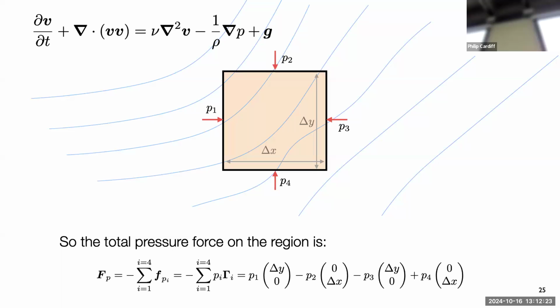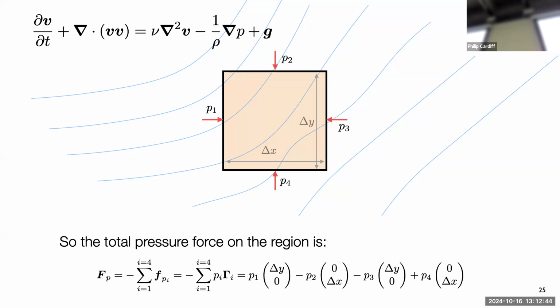So if we calculate each of those things, we'll have P1 by the area vector here. And so this area vector, you can see the area of that face is delta y, that's the height of it, and it's 1d. So the delta y by 1, that's the area. And that's in the x direction. So delta y in the x direction, and this area vector has no component in the y direction. It's only fully in the x direction.